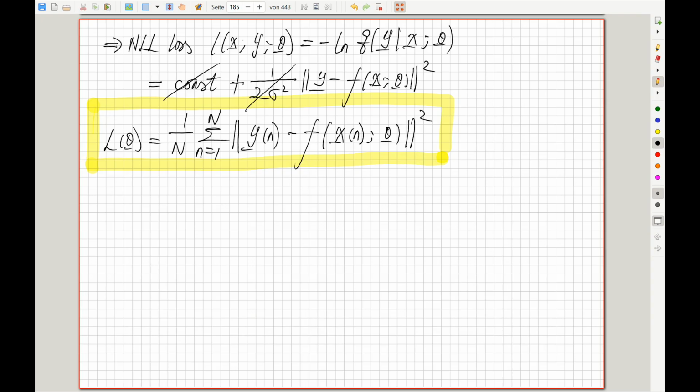We call this one the so-called mean square error loss, mean square error. This is the most popular name because we compute the squared error and average over all training samples. This gives the name mean squared error loss.